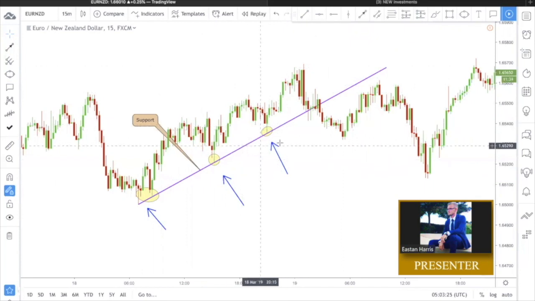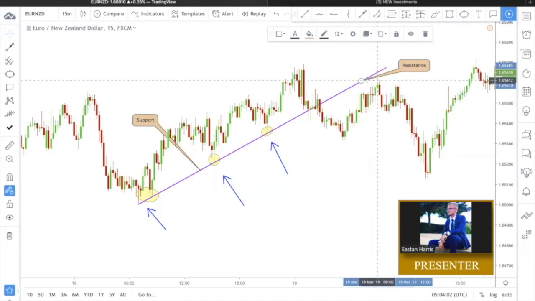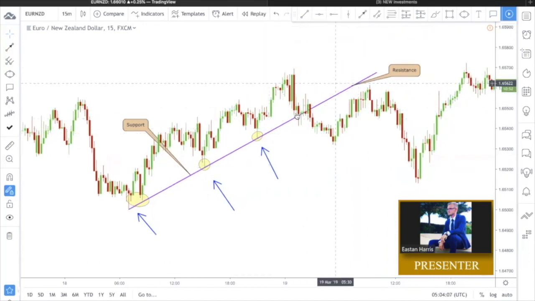Then this support breaks, and just like horizontal support and resistance zones, when the support breaks, right here is acting as resistance. Price doesn't come up and pinpoint touch it, but you need to understand that this trend line has broken and will now be acting as resistance.